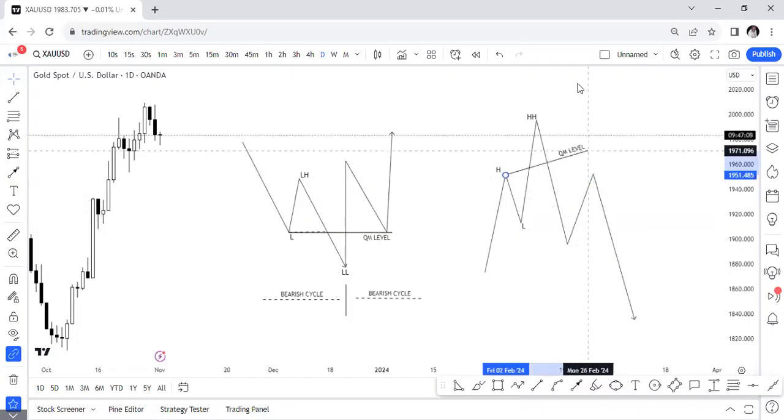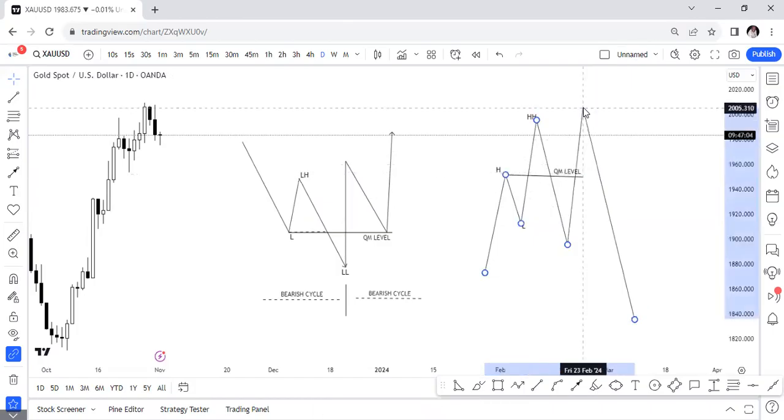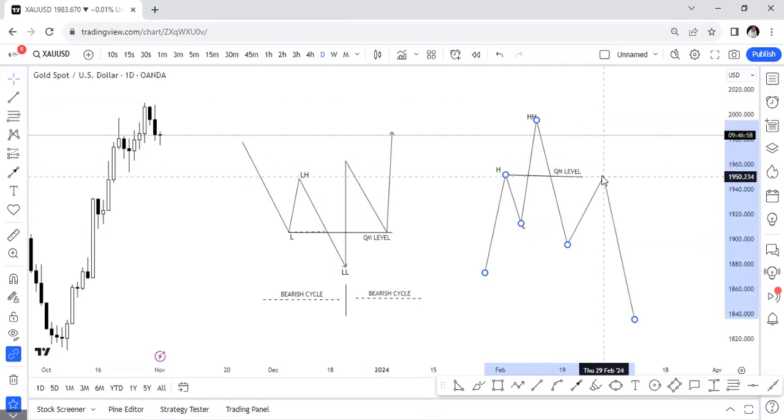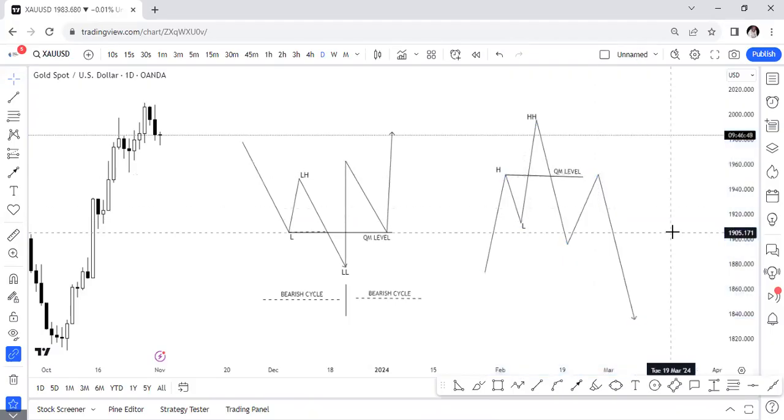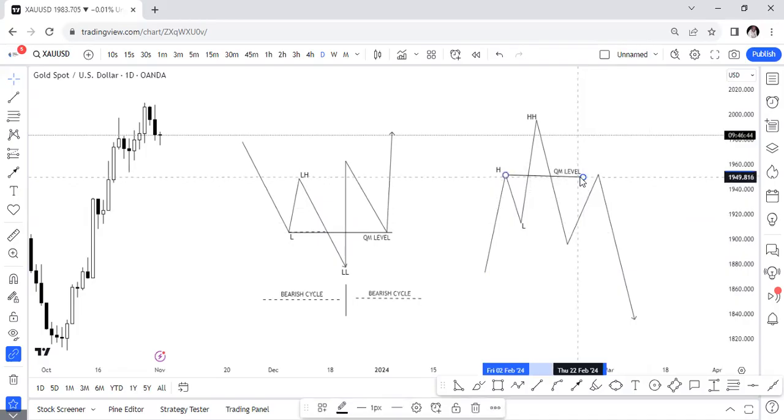If price takes out the higher high, that means it's invalidated. But if it ended up, maybe here, it depends, and started to come down, that is Quasimodo.